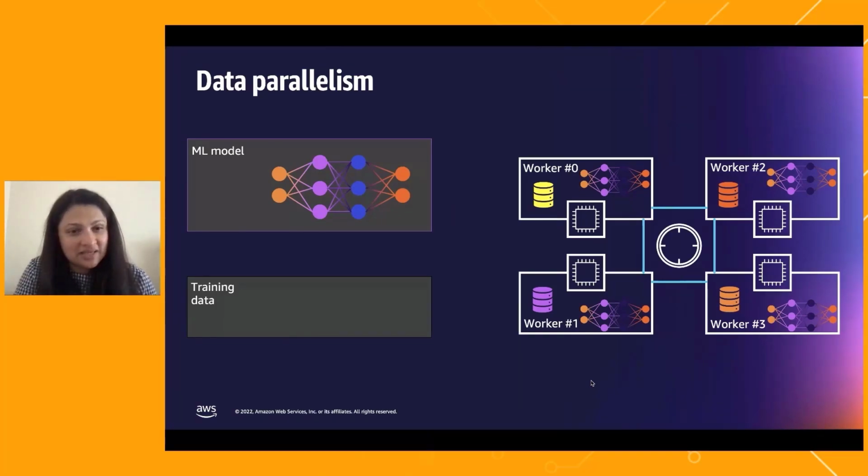Now, once this is done, the next batch of training data is sharded across all the worker nodes in your cluster, and the process repeats until we reach the required accuracy, until the model converges. So that is data parallelism.